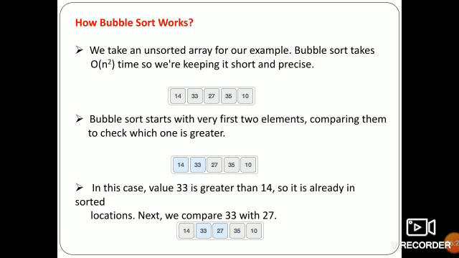Bubble sort starts with the very first two elements, comparing them to check which one is greater: 14 and 33. The value 33 is greater than 14, so it is already in sorted location. Next we compare 33 and 27. 27 is the smaller, 33 the larger, so swapping has to be done.